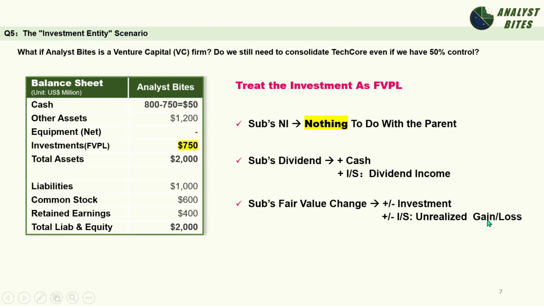Whether the value goes up or down, you must record those unrealized gains or losses directly in your income statement. To sum it up, for the fair value method: no consolidation, no goodwill, and your income only comes from value fluctuations and dividends. And that's all 5 goodwill-related questions perfectly solved.